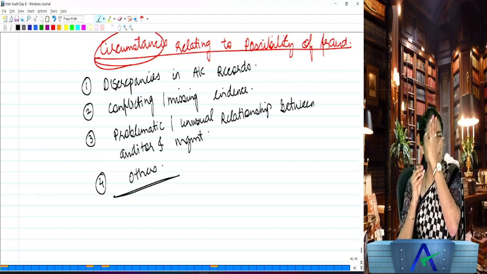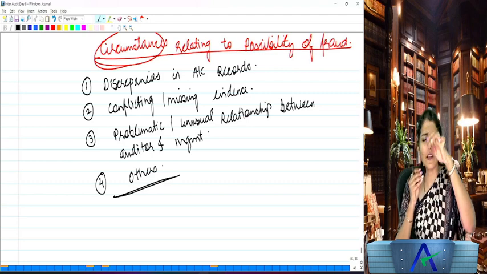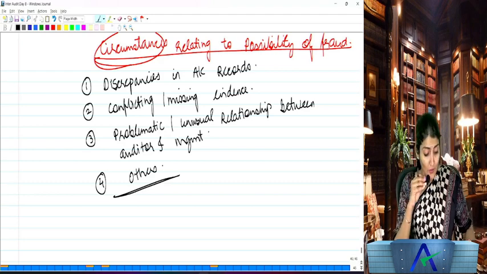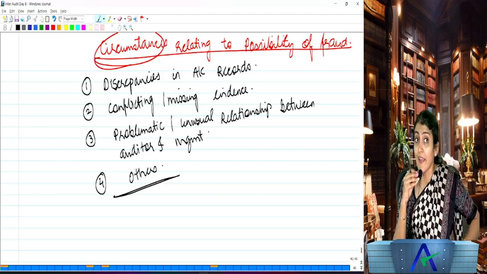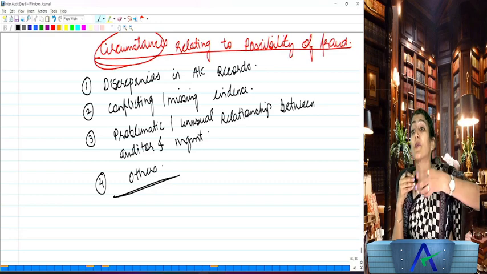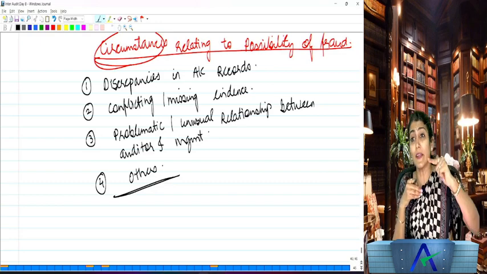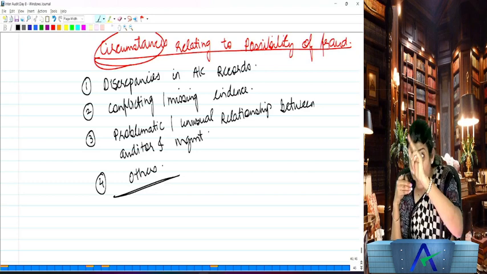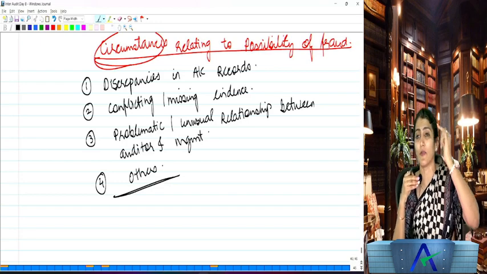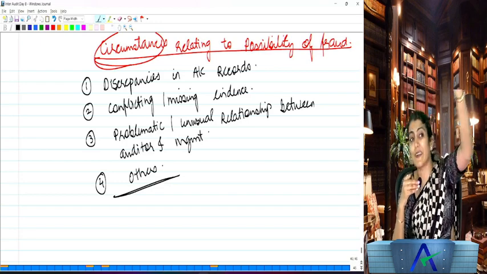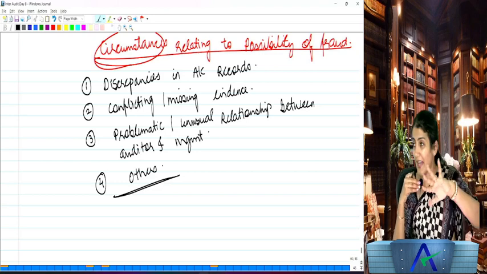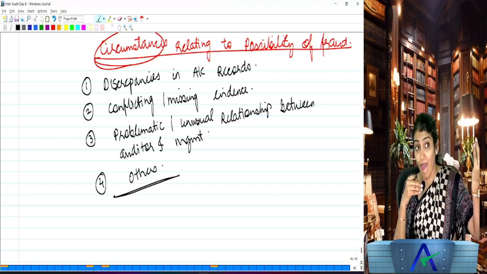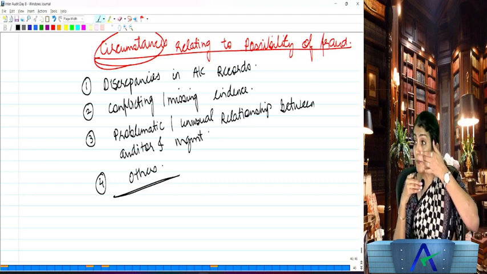You understand the difference between fraud risk factors and circumstances relating to the possibility of fraud? What were fraud risk factors? Why is the management doing the fraud? Because of incentive, pressure, attitude rationalization and so on. And what types of fraud does the management do?